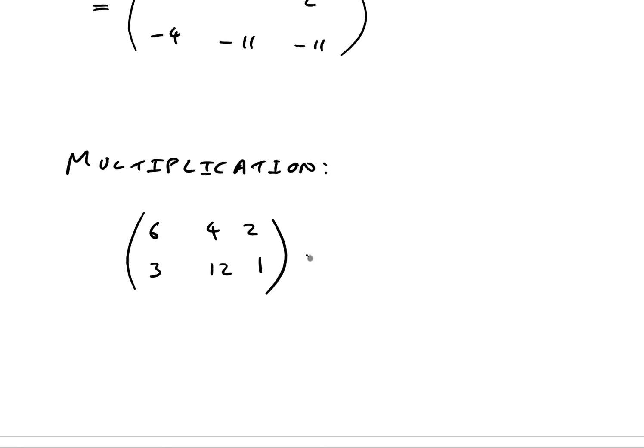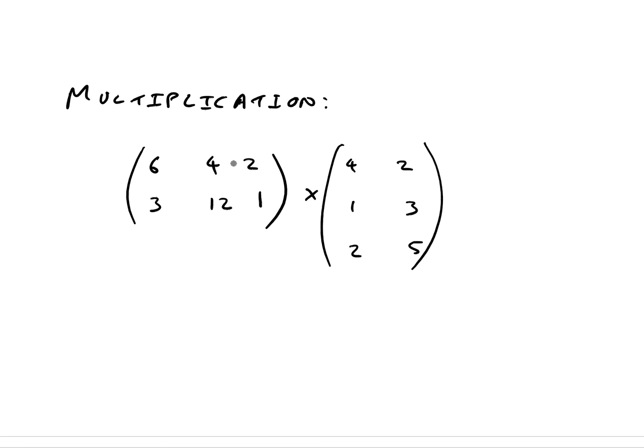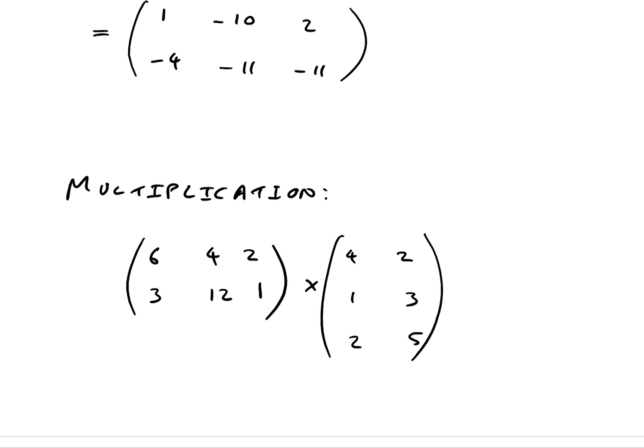And let's say we want to multiply that by a matrix 4, 2, 1, 3, 2, and let's say then 5. I'm just trying to make this easy for myself. Okay, so we've got a 2 by 3 matrix, and we want to multiply that by a 3 by 2 matrix.